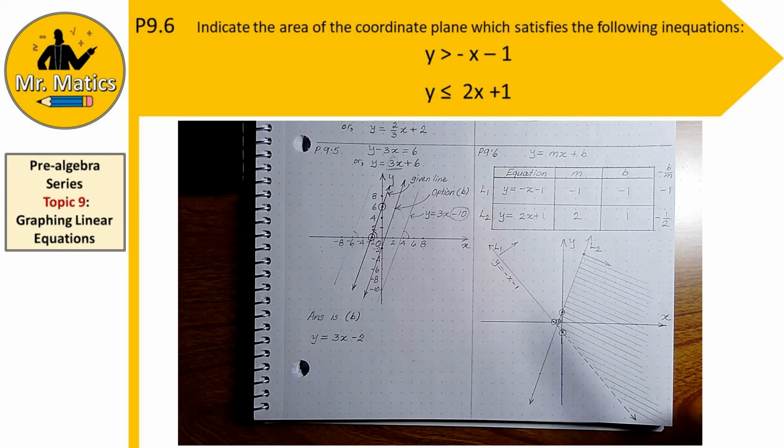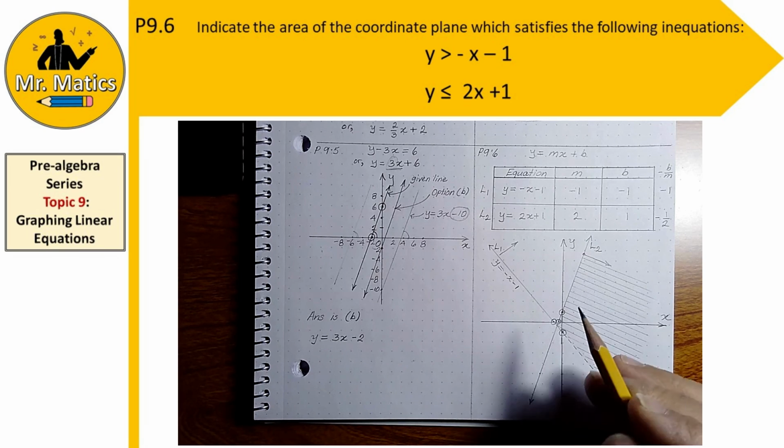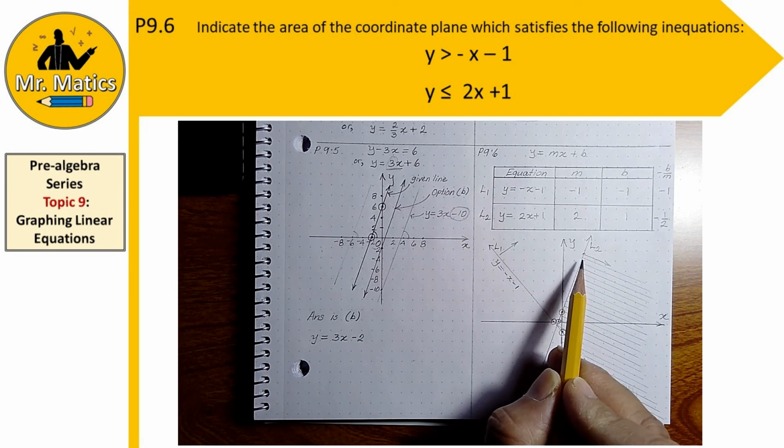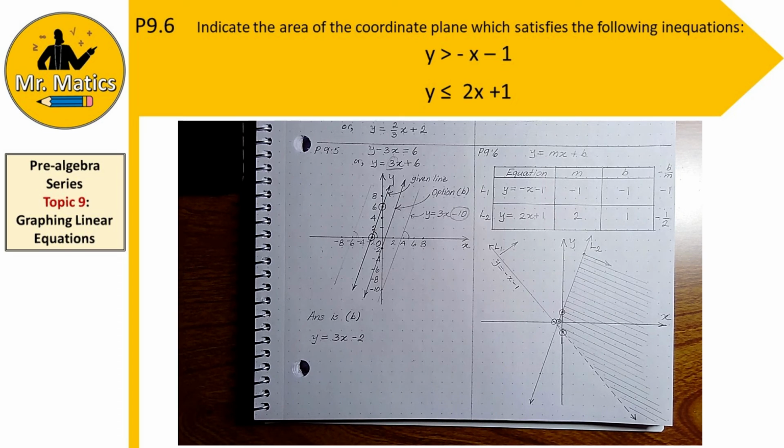And the reason is, and this is a convention, some books use it, some do not. Some books start the hash marks right from the line, including the line, which means that points are included on the line. And they would just place a small gap between the line and the hash marks if the line points are not included, which is in this case for L1.